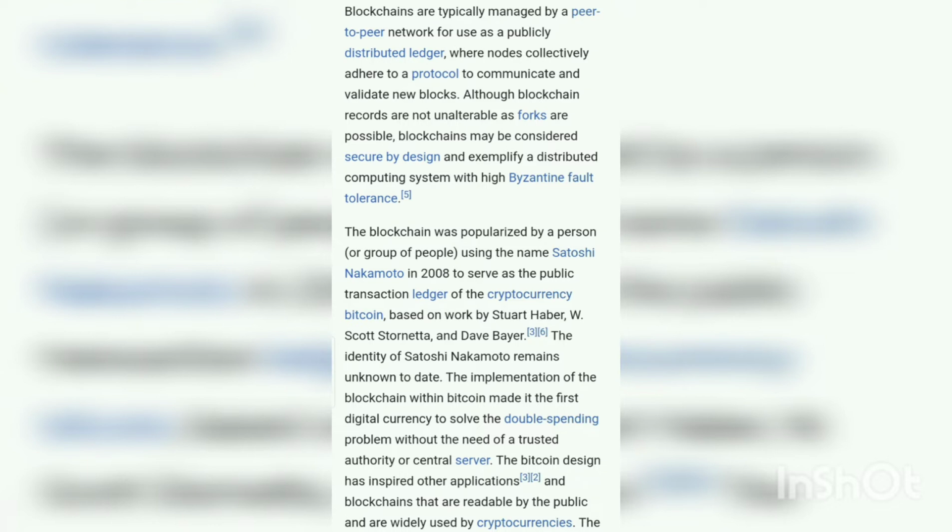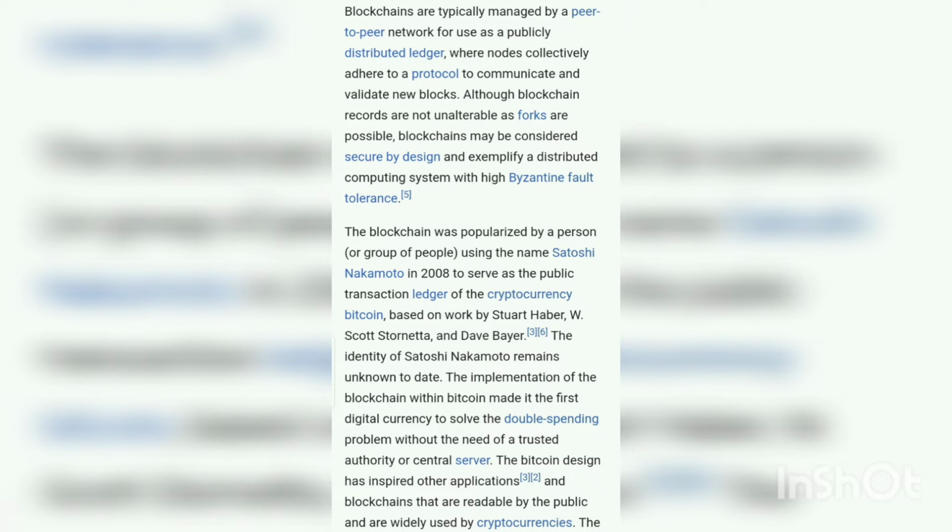Although blockchain records are not unalterable, blockchains may be considered secure by design and exemplify a distributed computing system with high Byzantine fault tolerance.